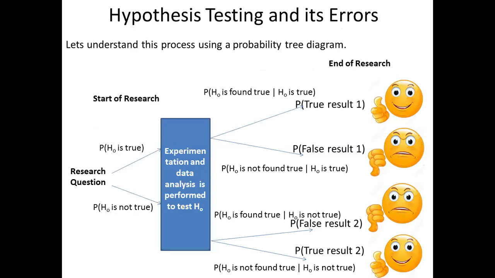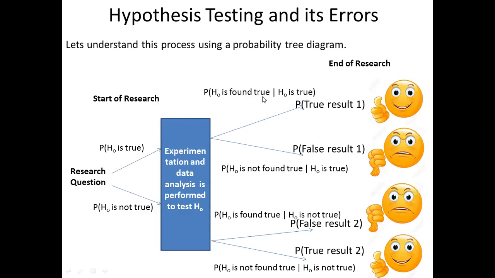When we do these experiments and analyze the data, we have already developed an alternate hypothesis against the null hypothesis. The output of our analysis could be that we find that the null hypothesis is true under the condition that it was actually true, and definitely it will be a true result, right?